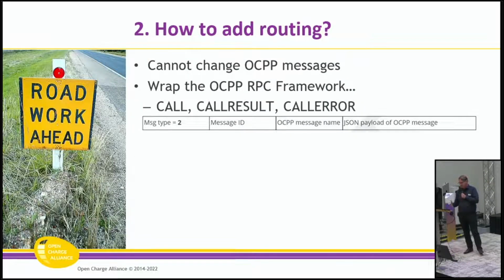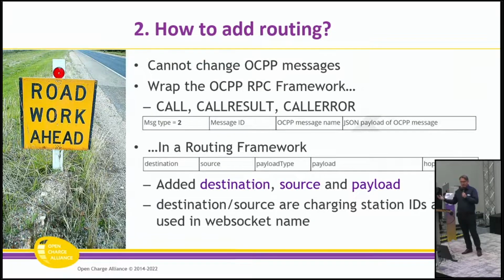So how do we add this routing without changing OCPP messages? The idea is that we have this OCPP RPC framework, which you see here, with a call, a message ID, and a payload with the JSON inside it. What if we wrap this OCPP framework in a routing framework?